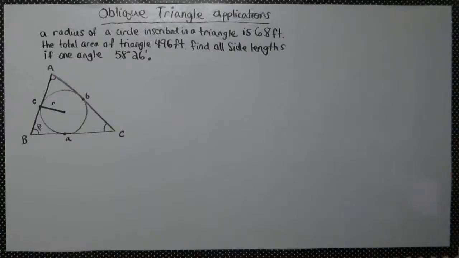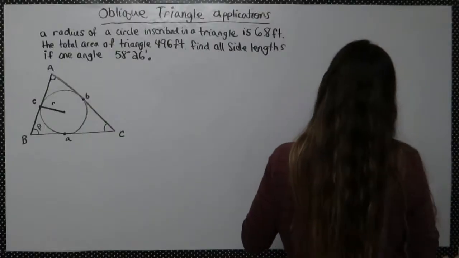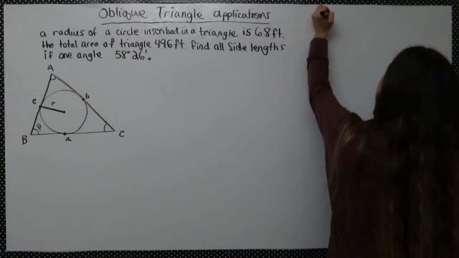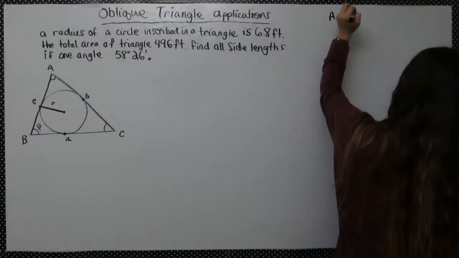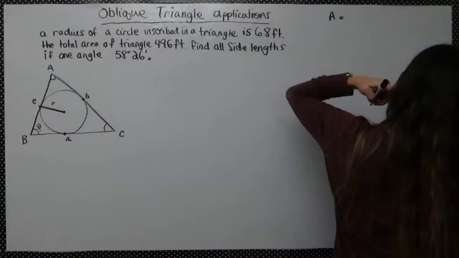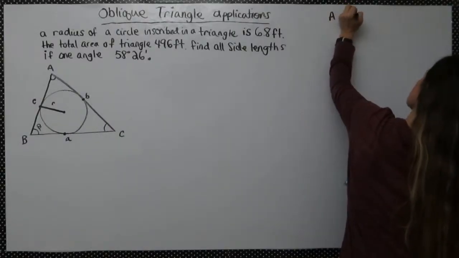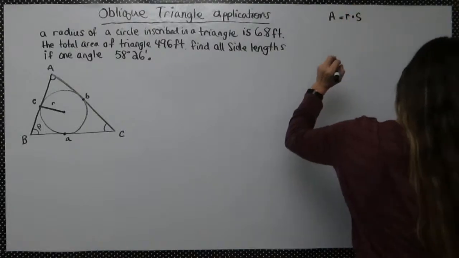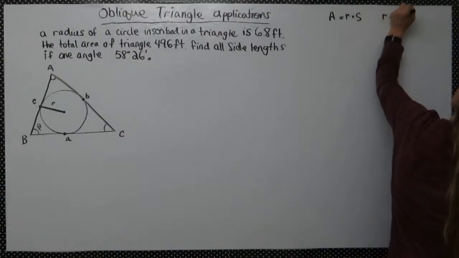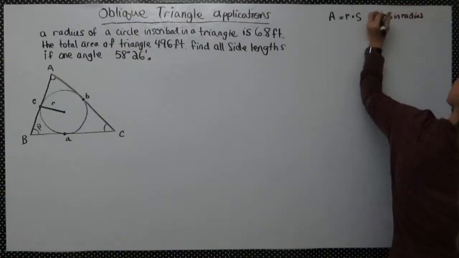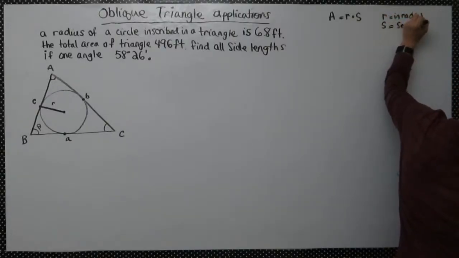Okay, so we need, let's see, the area expressed as the semiperimeter and the inradius. So area equals radius times S, where R is the inradius and S is the semiperimeter.